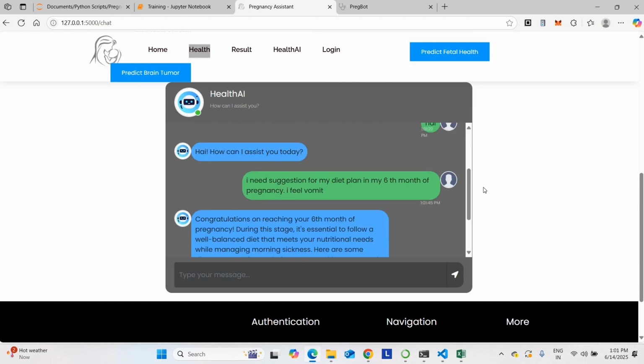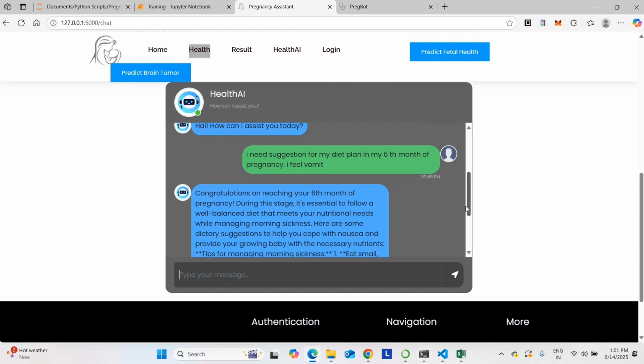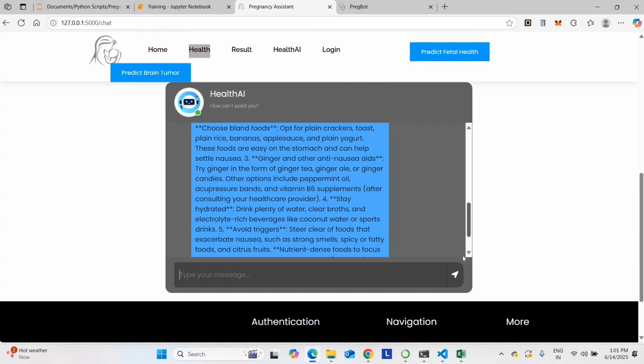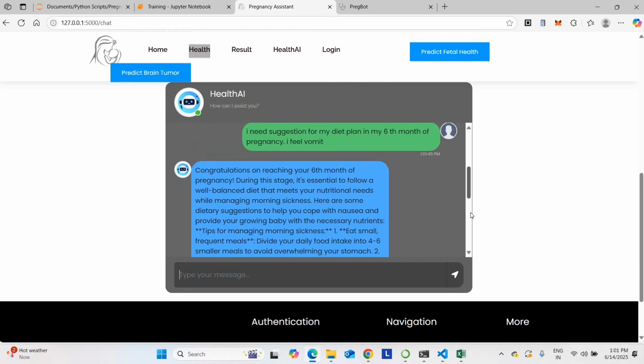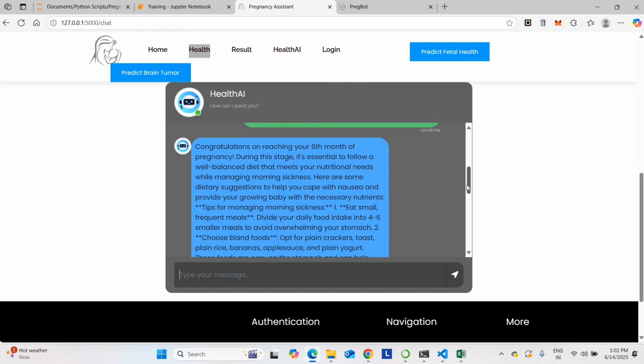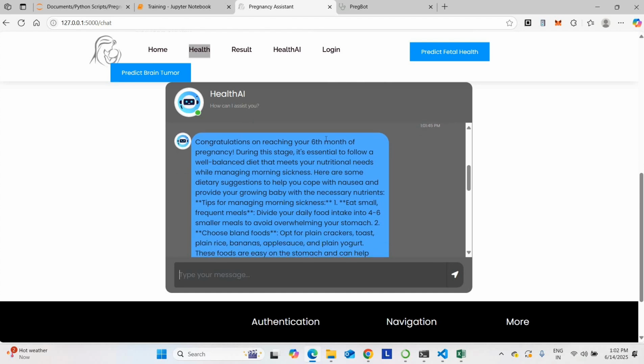I just asked, I need a diet plan for my 6th month of pregnancy, I feel vomit. Just I entered this. It's giving the data. You can check how accurately it works as a chatbot. So a very wonderful kind of project.